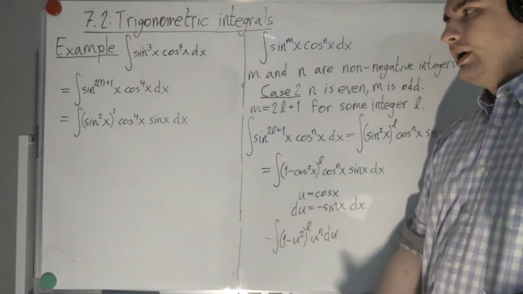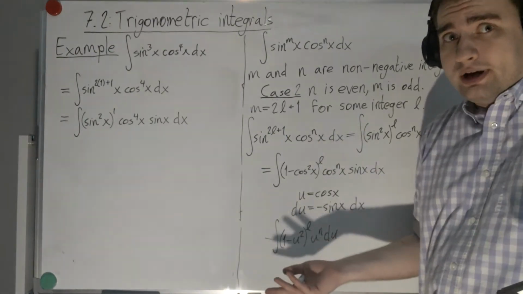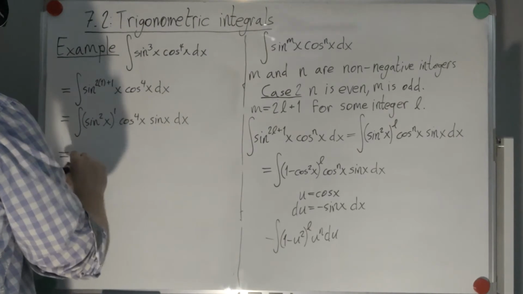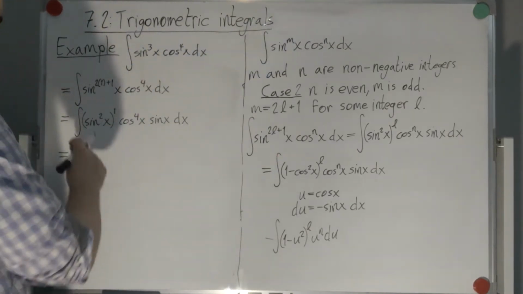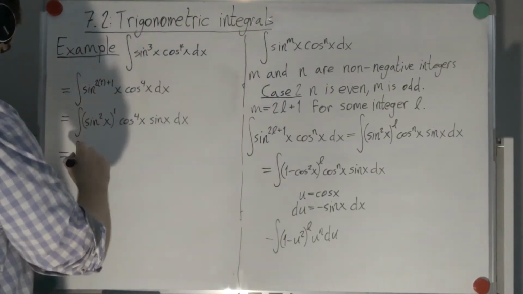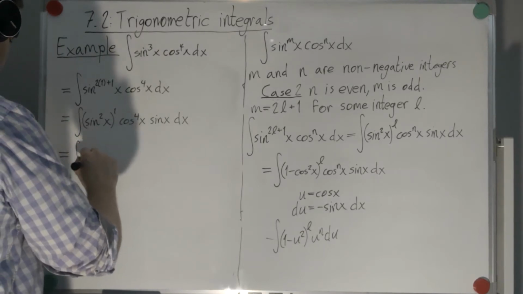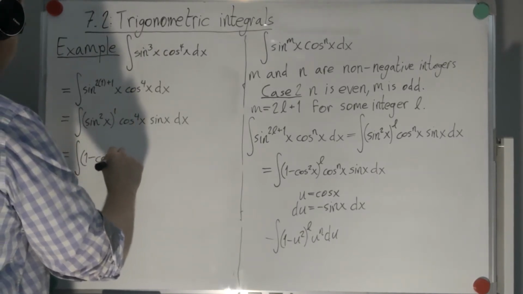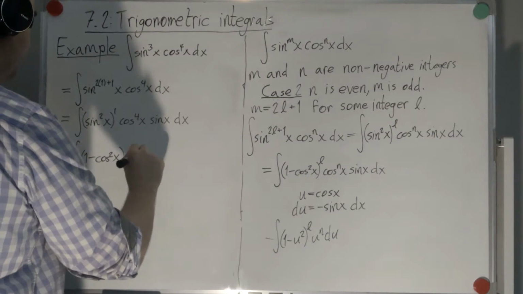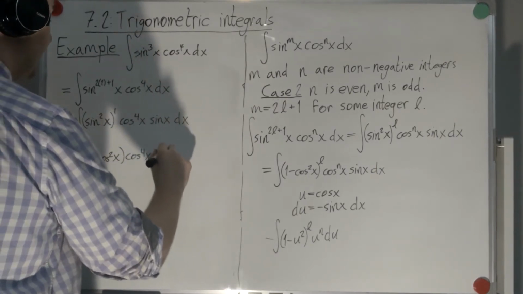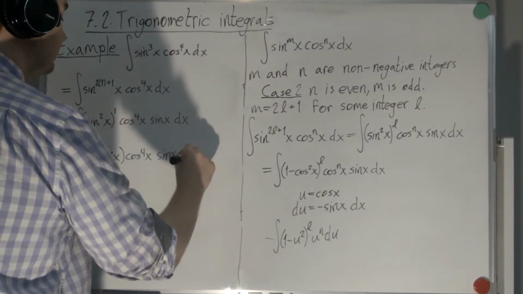Now, of course, sine squared x raised to the 1 is just sine squared x. And of course, sine squared is 1 minus cosine squared, which means that this is just 1 minus cosine squared x times cosine to the fourth x sine x dx.